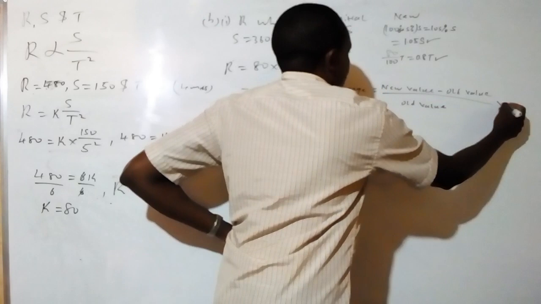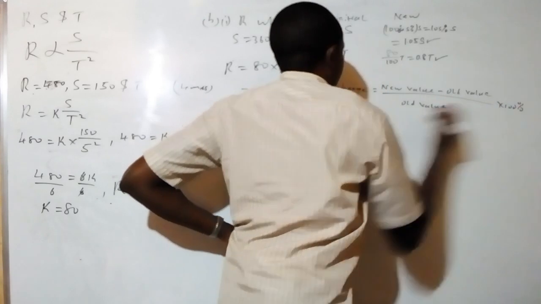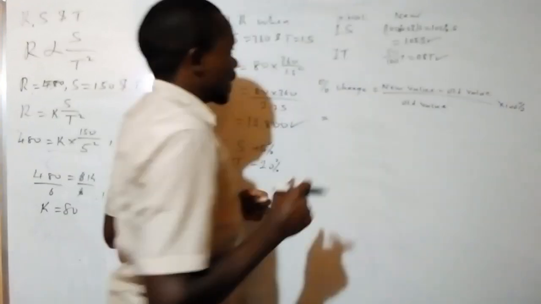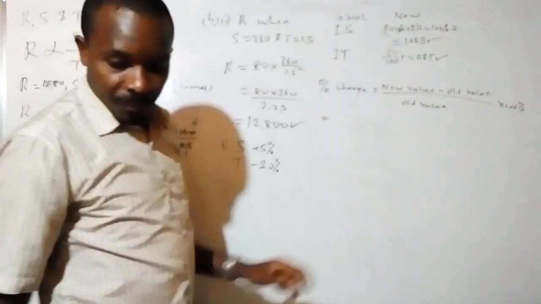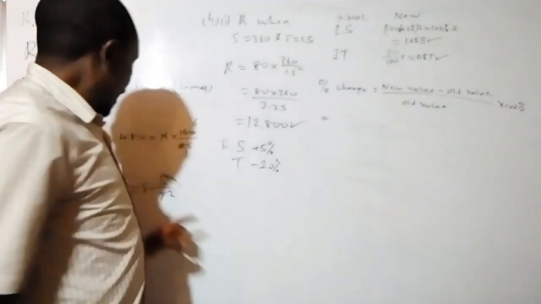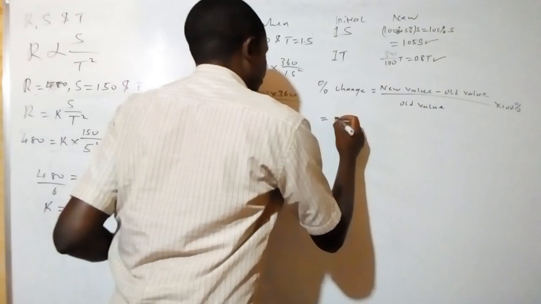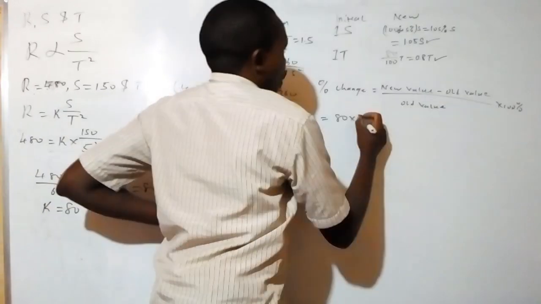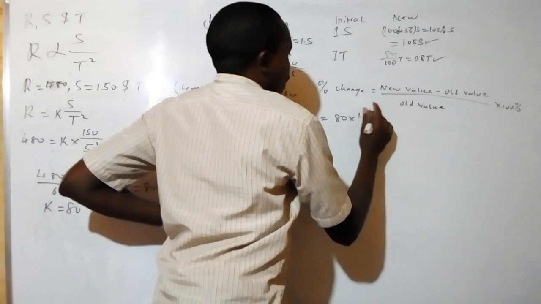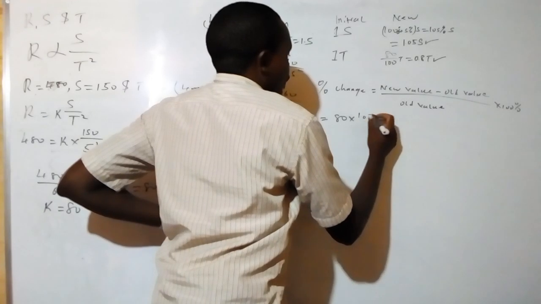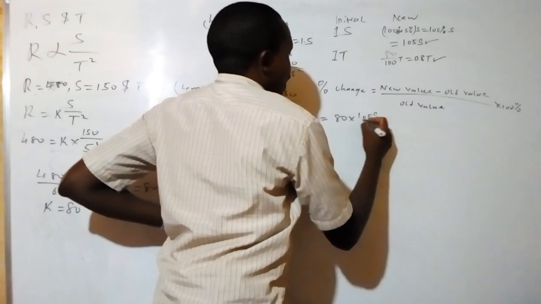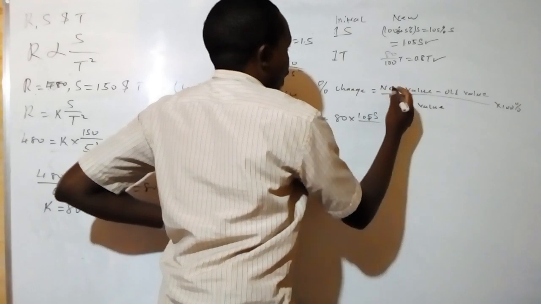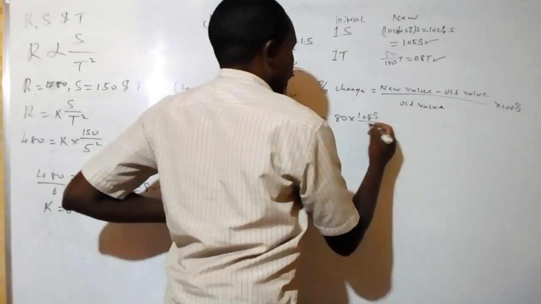Yeah, new value will be what? We come here and say 80 times new value of S, 1.05 S, all over new value of T, 0.8 T into bracket squared.